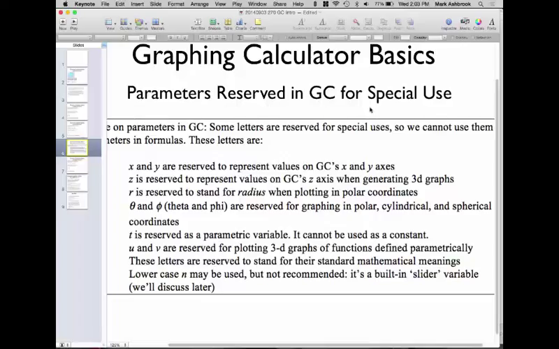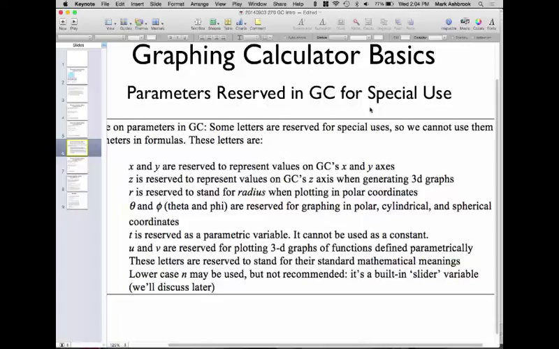Z similarly will prompt GC to graph in 3 dimensions. X, Y, and Z make a 3-dimensional graph. Okay, R is the radius in polar coordinates, and theta and phi are reserved for graphing in polar, cylindrical, and spherical coordinates. T is reserved as a parameter for a parametric variable. Don't use it as a constant, so watch out for lowercase t.